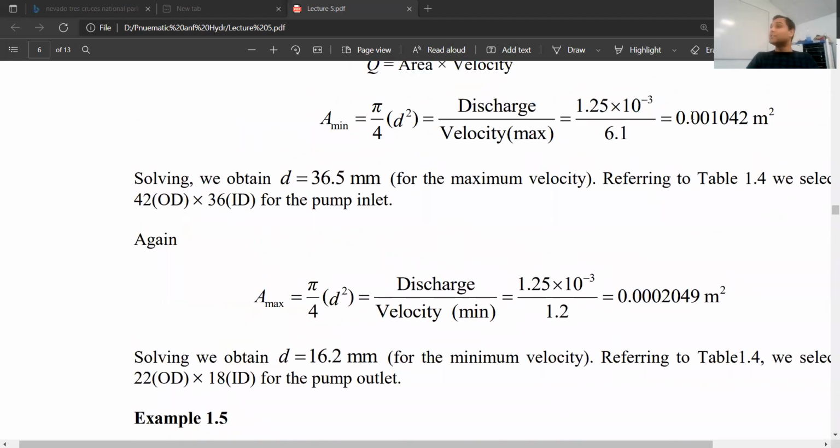That will give you this answer. So these two answers, this should be here, and this answer should be here. This 36 should be here, and this 16 should be there. So they put the answers incorrect.